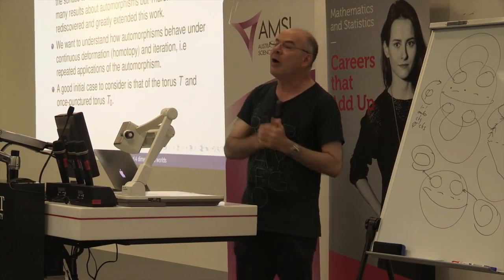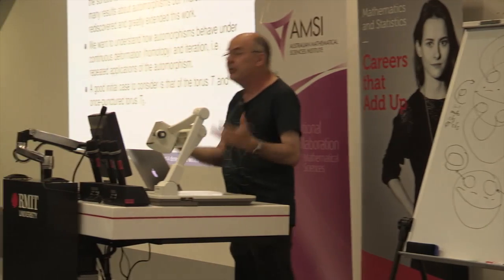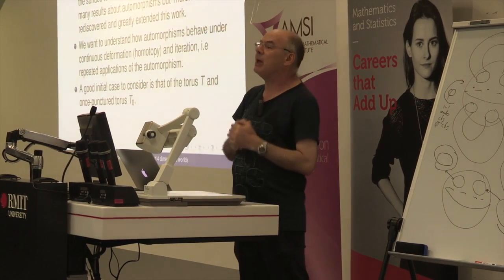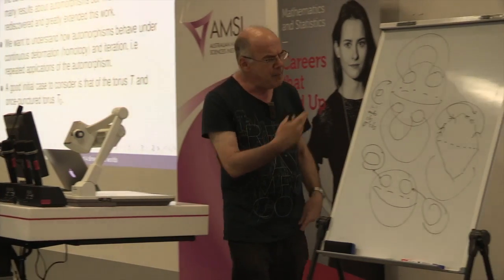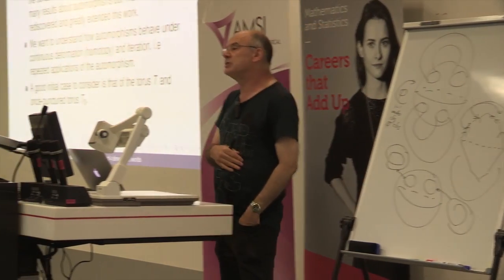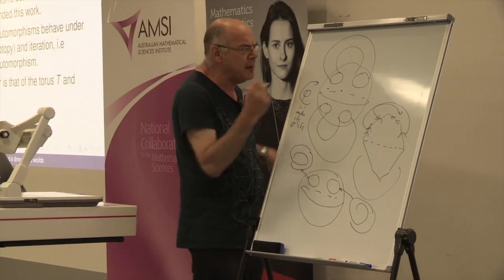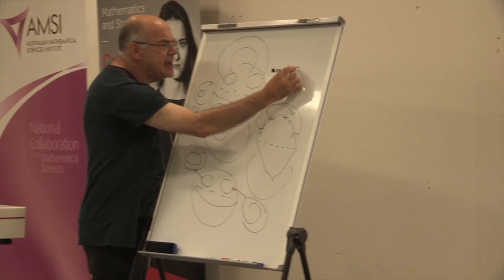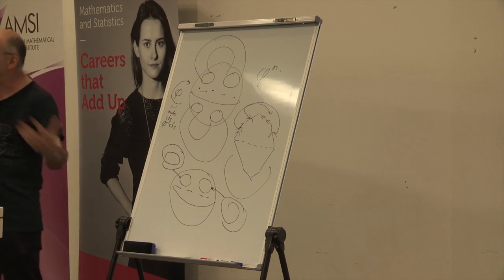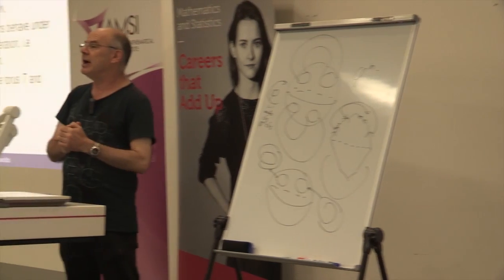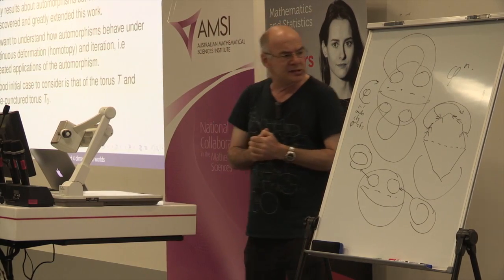Now, what do we want to know about these gadgets? So what we're interested in actually has got to do with dynamics or dynamical systems. We'd like to know what happens when we take powers of these automorphisms. I don't really have time to explain why, but taking powers and thinking about what happens as n goes to infinity, thinking about the asymptotics, is very much like what you do in dynamical systems.